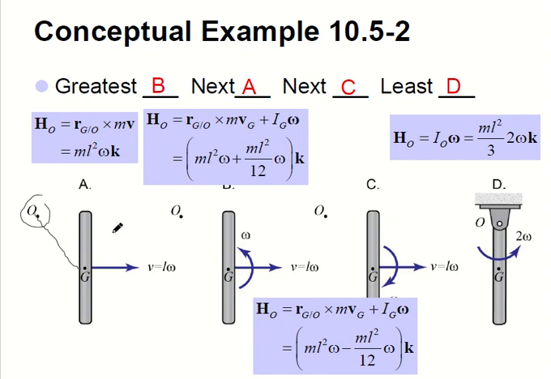So when we calculate it by putting in the mass, your length is going to be L because it's given to you. So we put that in there. And then your omega, which is your angular velocity, and of course a constant K. So we end up getting R is L, and we have another L from your velocity.